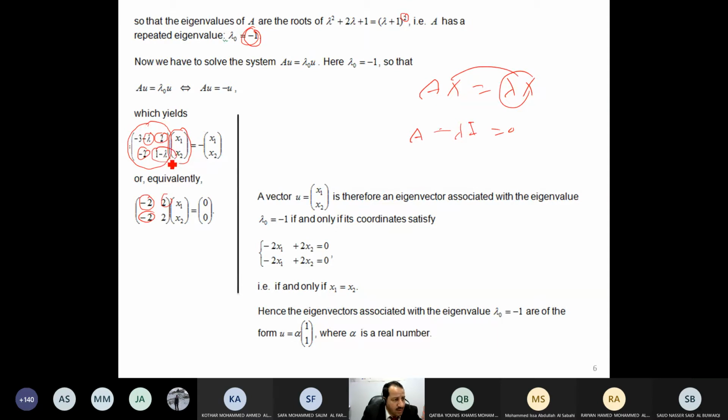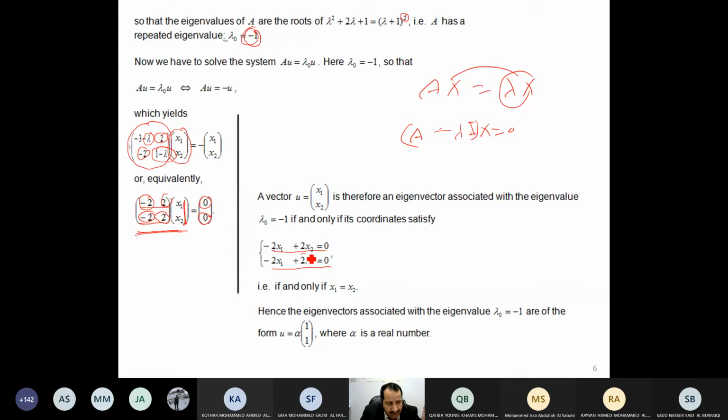And 1 minus lambda, which is 1 plus 1, means 2. I got this formula, times x equals 0. Now I multiply this row by this column, which gives me 0, and the same for this row by this column, which gives me 0.